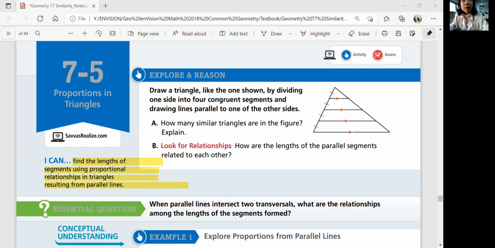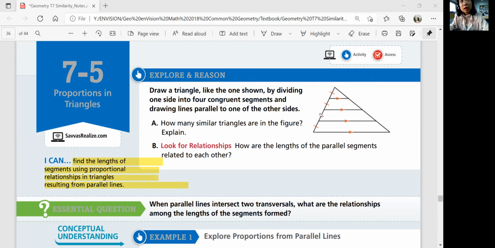Part A, how many similar triangles are in the figure? You can see there's one triangle here and then another triangle here, another triangle here, another triangle here. Are they all similar? Well, they look like it, right? It should be because they're going to be proportional, because this side is equally divided into 4 parts. That means they're proportional.